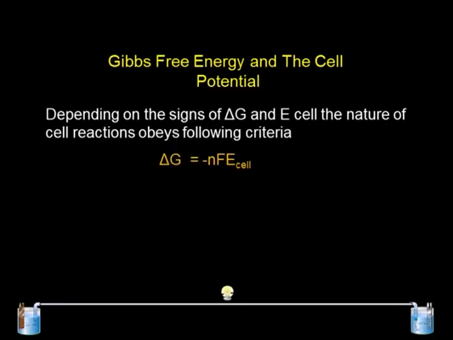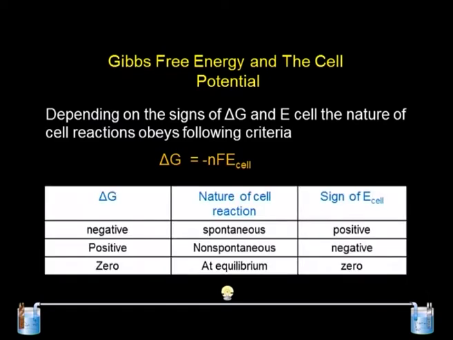Depending on the signs of delta G and E_cell, the nature of cell reactions obeys the following criteria. This is again the relation delta G is equal to minus nF E_cell. If this delta G becomes negative, the nature of the cell reaction will be spontaneous and the sign of E_cell in this case will be positive.